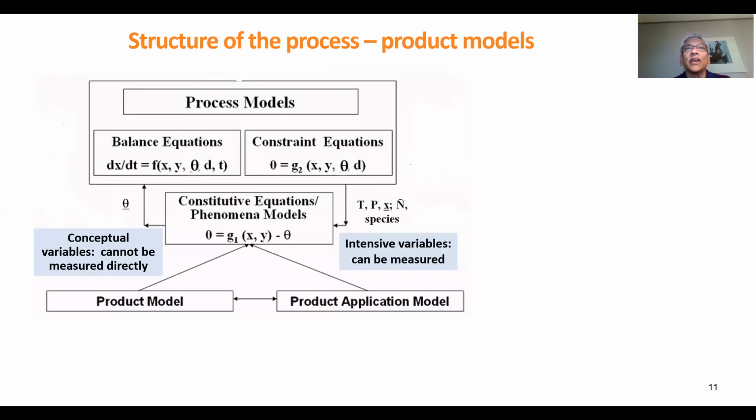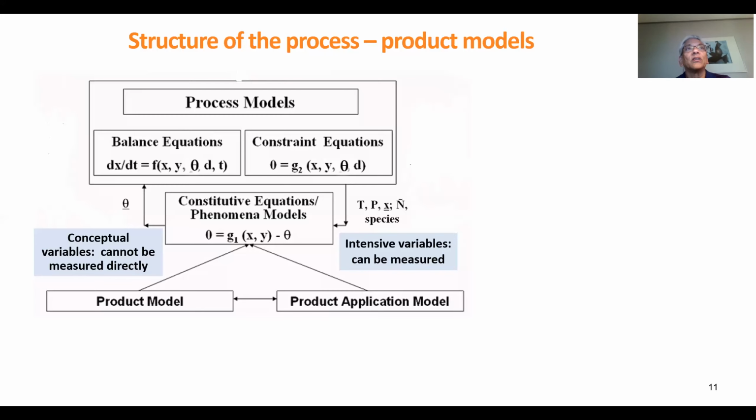So the idea is that if we know the temperature, pressure, composition, the species molecular structure, then we can calculate the property theta, or the conceptual variable theta, which actually affects both the mass balance and the constraint equations.